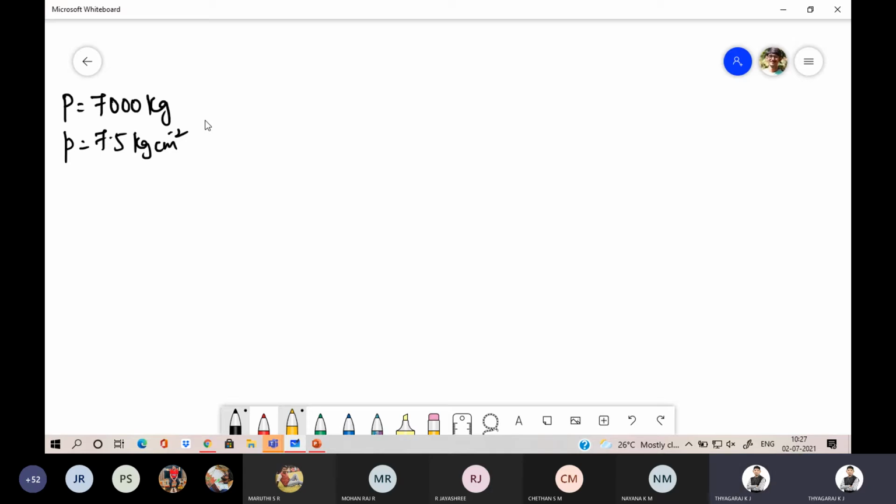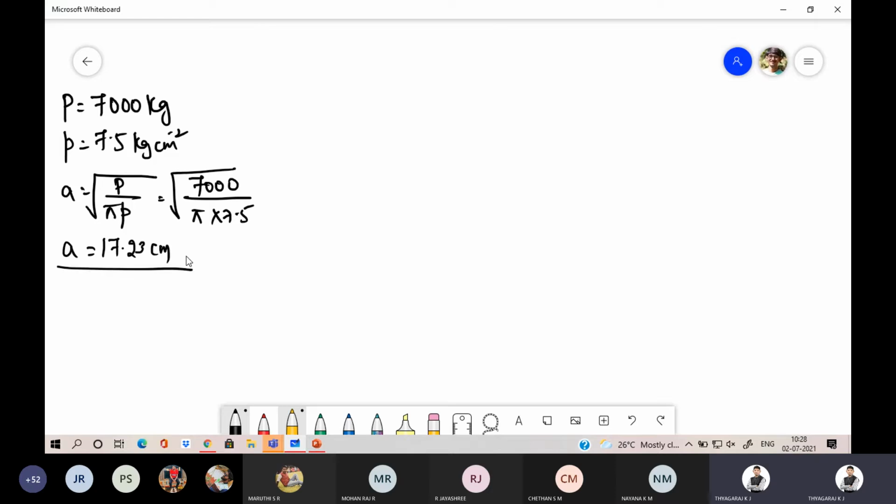Now calculate the a value. a is equal to square root of P by pi p, the square root of 7,000 divided by pi into 7.5. How much are you going to get? Check it. The a value is 17.23 centimeter.